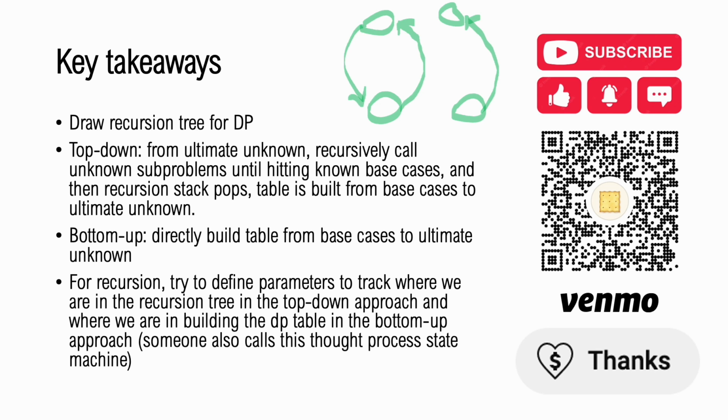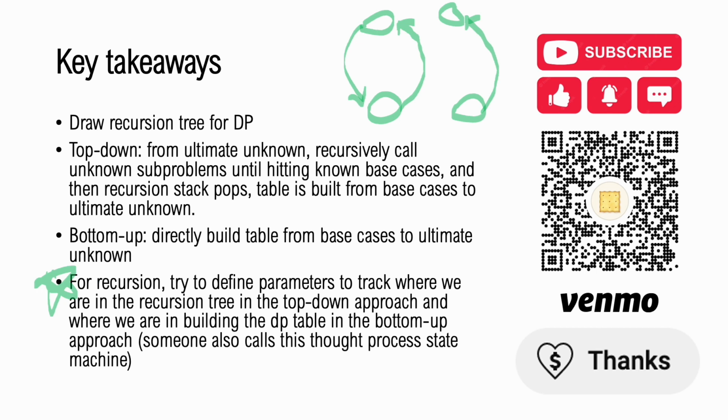And the last point is, for recursion, it will be helpful to define the parameters to help you track the state, basically where you are in the recurrent tree in the top-down approach, and where you are in building the DP table in the bottom-up approach. So I think someone also calls this thought process the state machine.